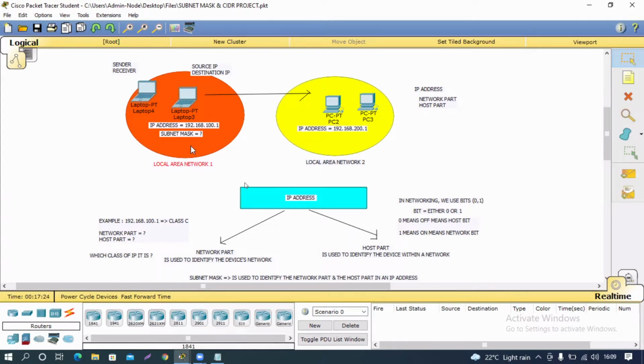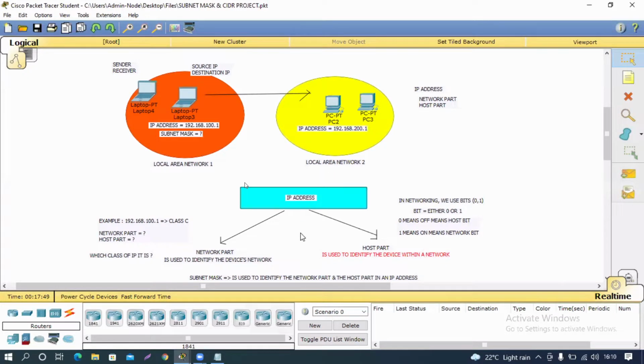And in this network, local area network 1, what exactly are these machines' identities? Because we have lots of machines in this network. What particular machine's identity we are having in local area network 1 is identified using the host part. So the definition goes like this: the host part is used to identify the device within a network.